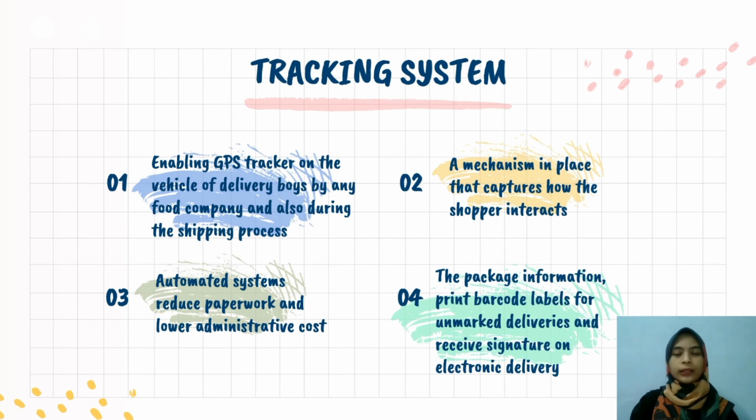Third, the tracking system is an automated system that reduces paperwork and lowers administrative costs. Last but not least, the tracking system generates and saves details on the package information, prints barcode labels for unmarked deliveries, and receives signatures on electronic delivery.